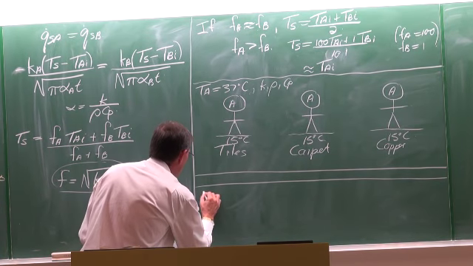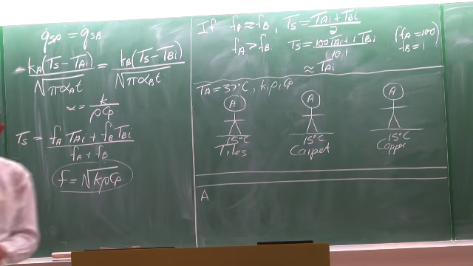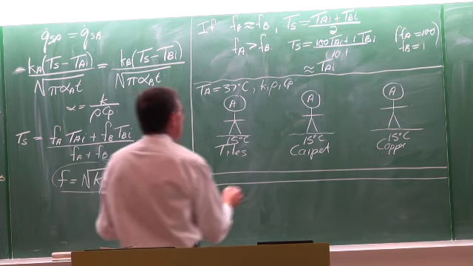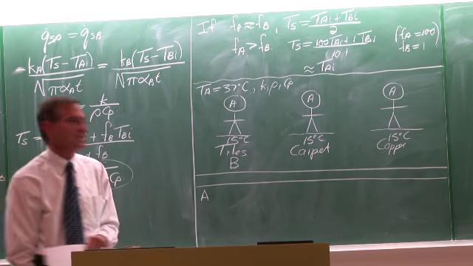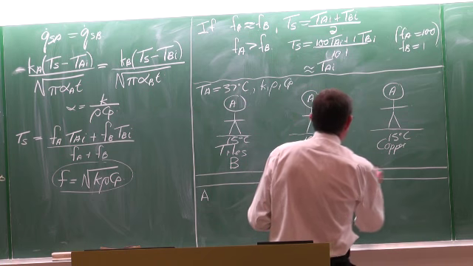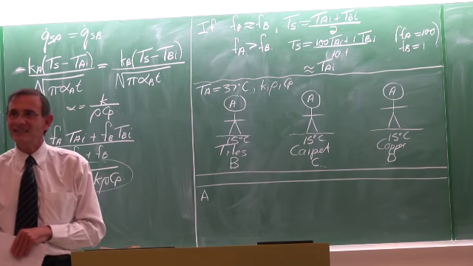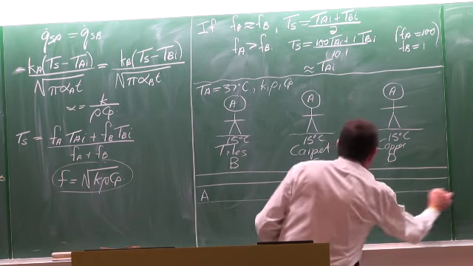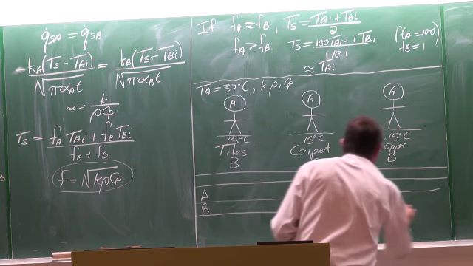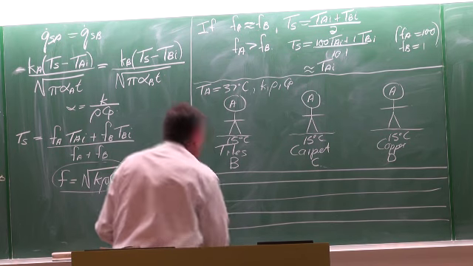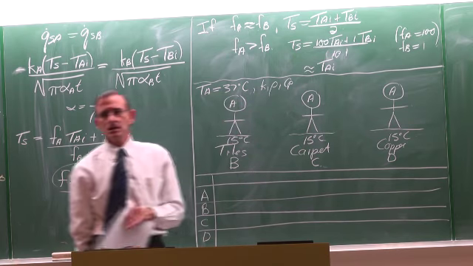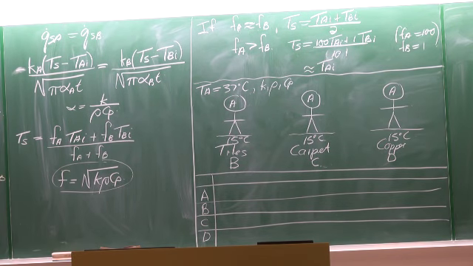The first property that we're going to consider is that of human flesh, you as a person, A. Then the tiles are going to be B, properties of B. The carpet is going to be C, and the copper is going to be D. So we need to put in A, B, C, and D. There are going to be quite a few columns next to each other, so make some room for that, or make sure that you write very close to each other with your numbers.